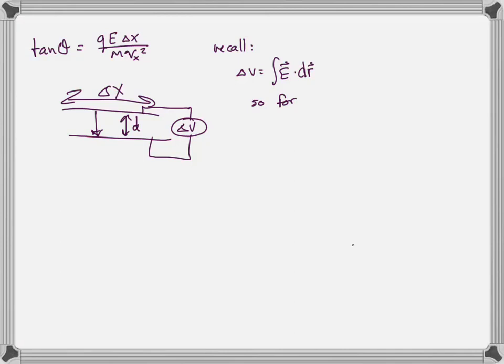And that voltage is defined as the integral of the electric field dotted with dr. So for the capacitor plates, remember that the electric field is a constant between two parallel plates.